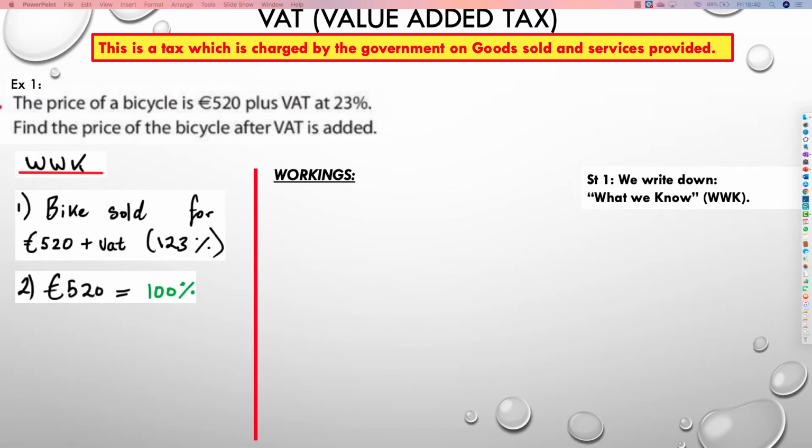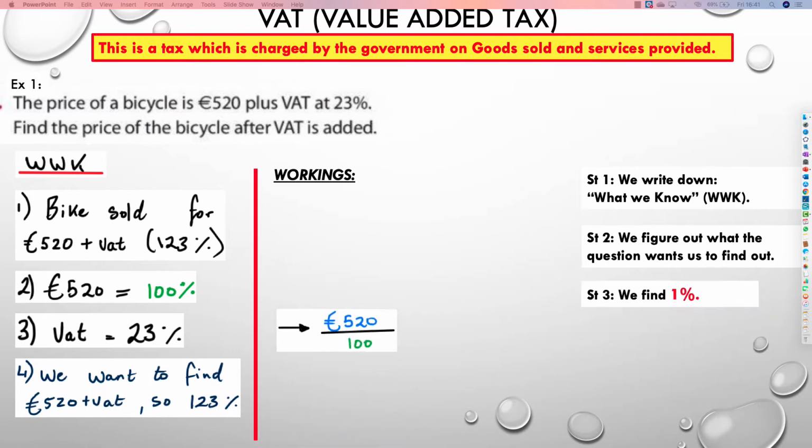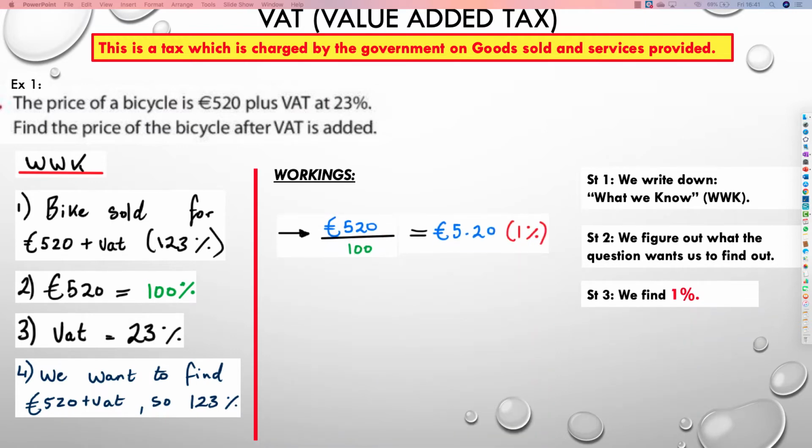So that's the price, and then we can add on to that. What you always want to do in these questions is find 1%. Okay? So €520, we divide it by 100, and we get €5.20. That represents 1%. We don't want 1%, we want 123. We want the price of the bicycle plus VAT.